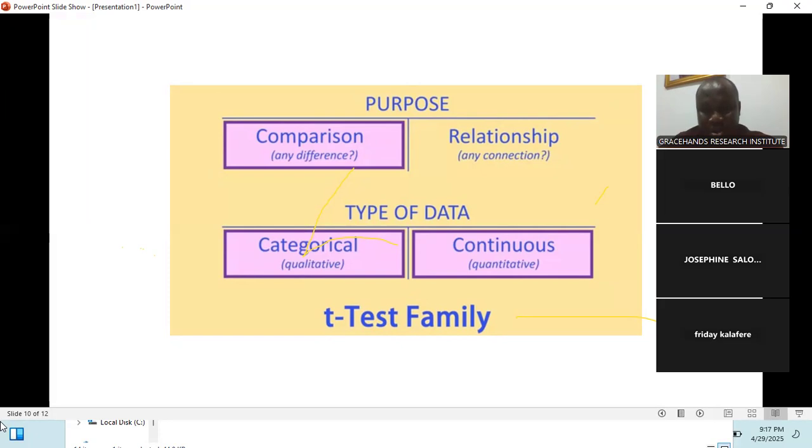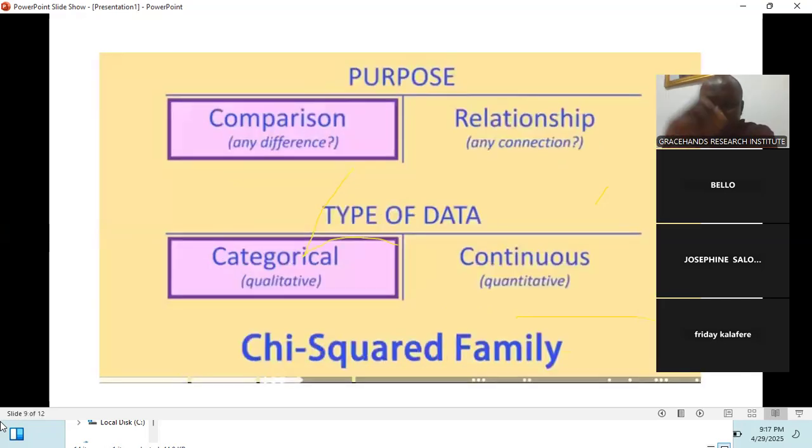Second, categorical first, after that, continuous. So of the two data under t-test, one of them must be categorical and one of them must be continuous for you to use the t-test family. For chi-square, the two variables must be categorical.